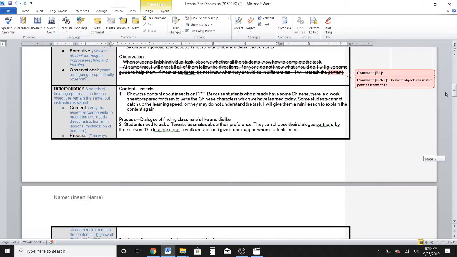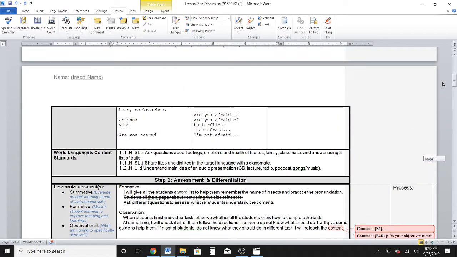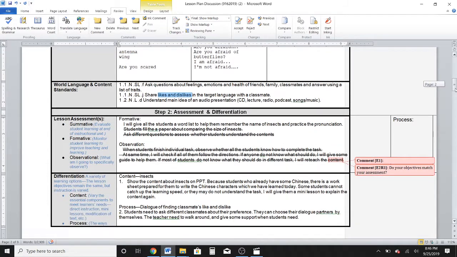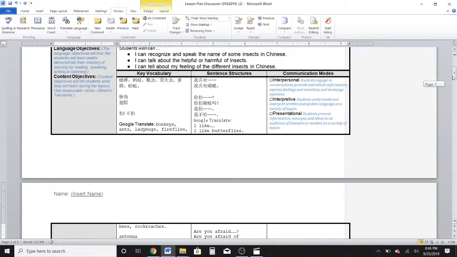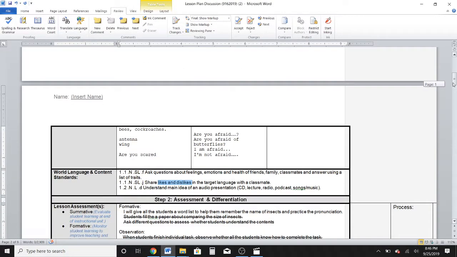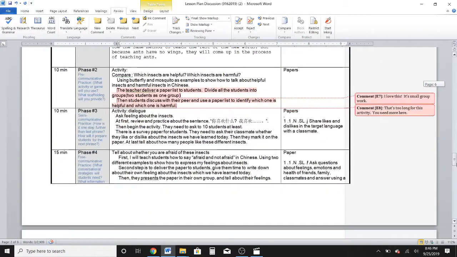When I go back up and see, your content standards are sharing likes and dislikes, but it doesn't actually say what you're assessing. My objectives are talking about harmful and helpful, and my standards are saying likes and dislikes. This does not match up. This is a problem.